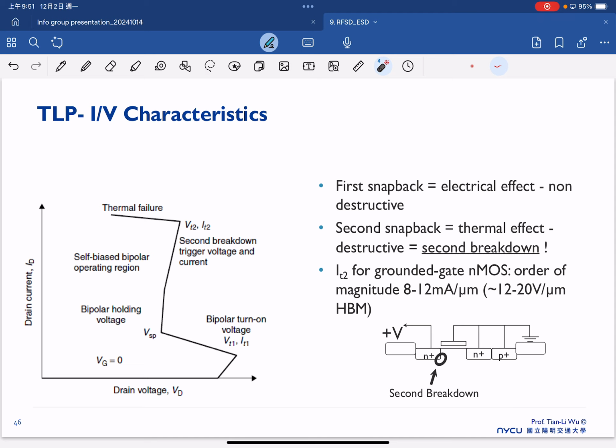Then we will also have a very similar snapback effect here. The first snapback is the electrical effect, which is non-destructive. So that's the first snapback here, and that's due to the parasitic BJT.